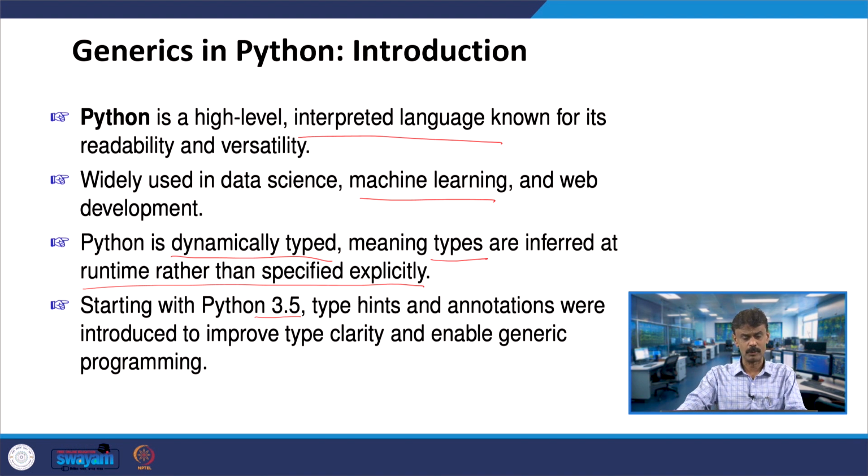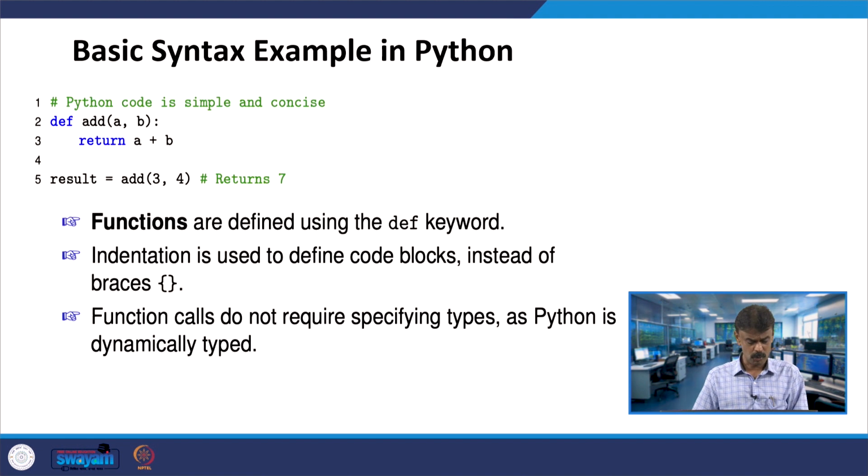Before concluding this lecture, we can see a small code in Python. I will start with the addition of two numbers, since we always start with the addition of two numbers or hello world. Define add of a comma b, which is a function, colon, return a plus b.